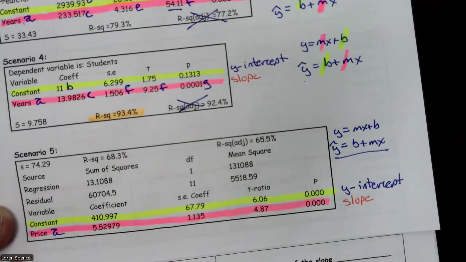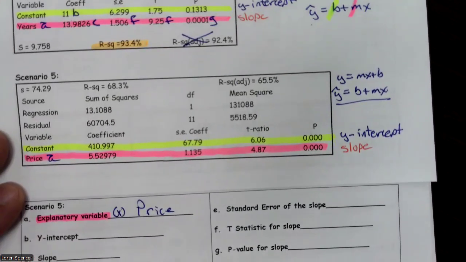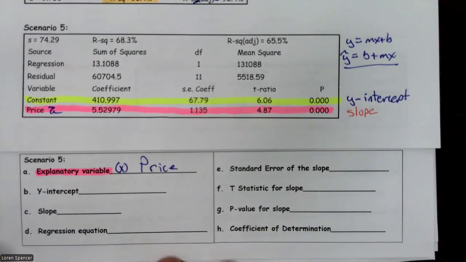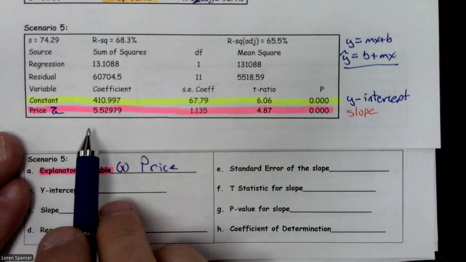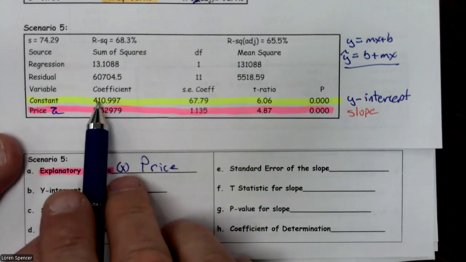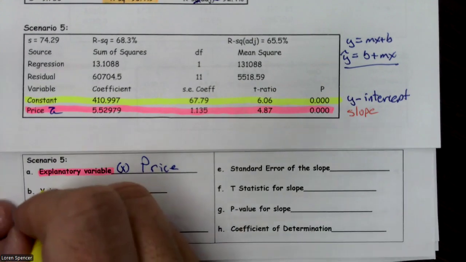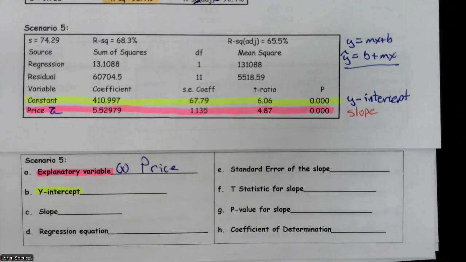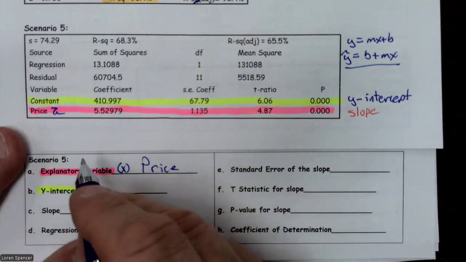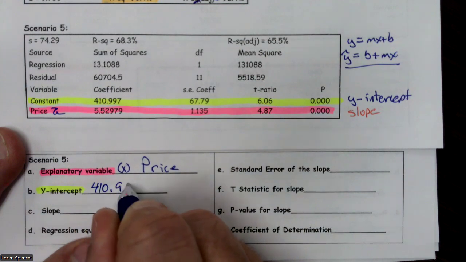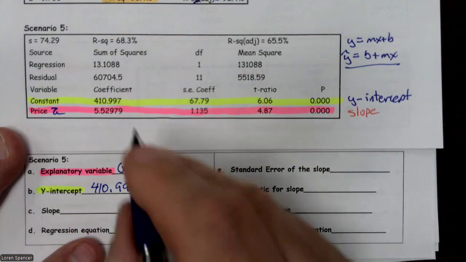Then the next thing it asks for is my y-intercept. Well, my y-intercept is going to be on the y-intercept row. That shouldn't be a surprise. Y-intercept on the y-intercept row, and it happens to be my first coefficient, 410.997.